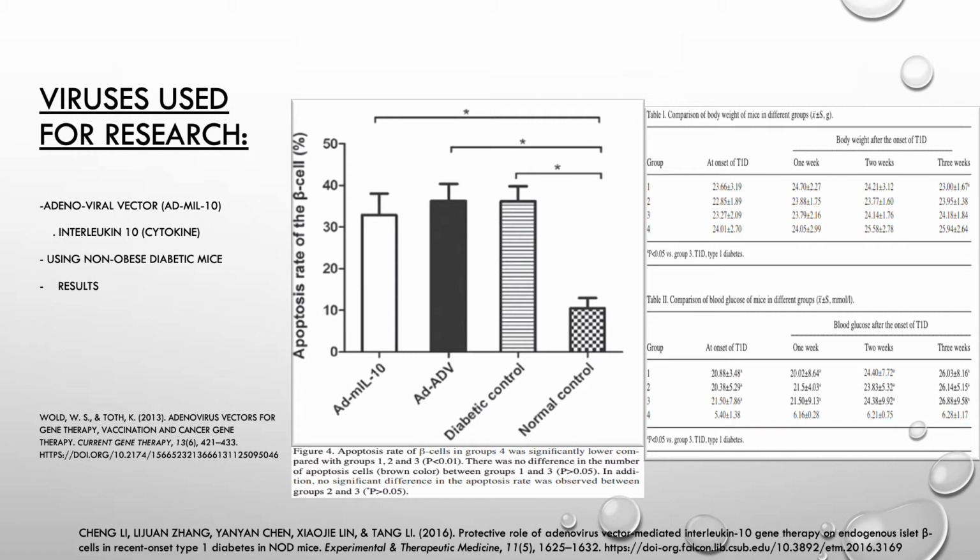As you can see in the tables, group 1 had reduced body weight. Table 1 shows body weight on the top and then blood glucose levels on the bottom. Group 1's body weight was lowered. For groups 1, 2, and 3, their blood glucose levels were similar.